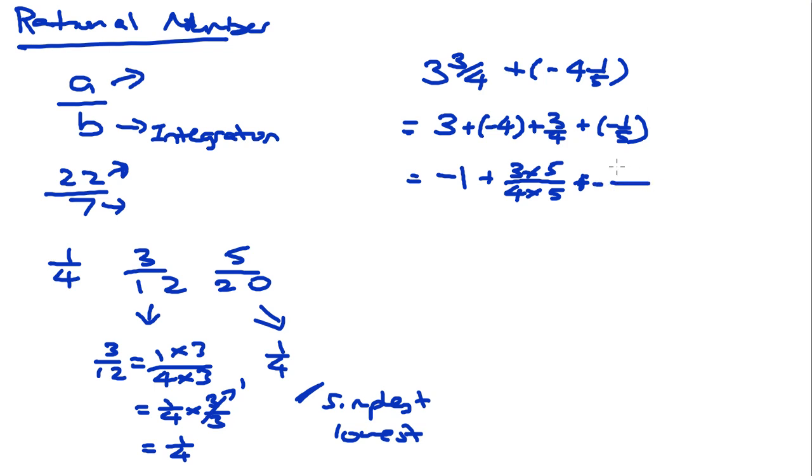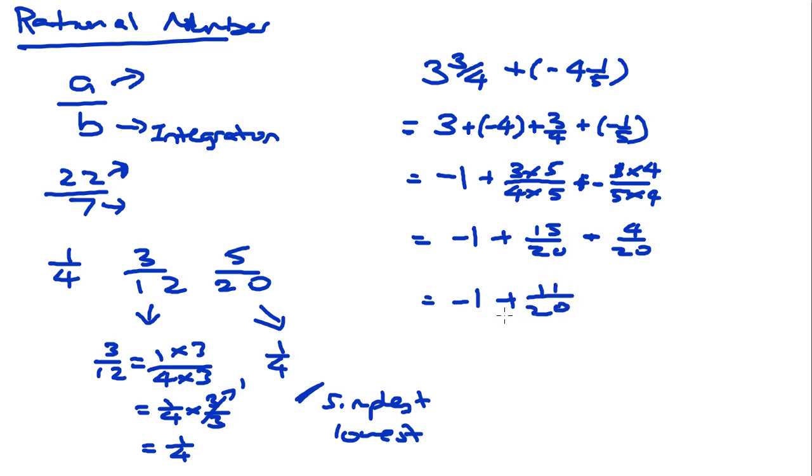And then minus 1 times 4. 4 is the denominator of the other fraction, and 5 times 4. So what this results is minus 1 plus 15/20 minus 4/20. So since the denominator is the same right now, we can then add them together. So it's minus 1 plus 15 minus 4 is 11/20.